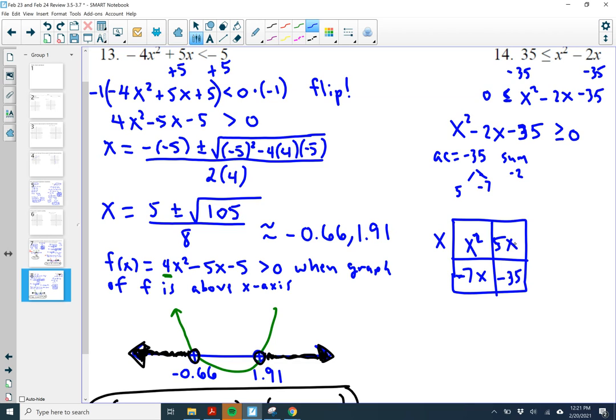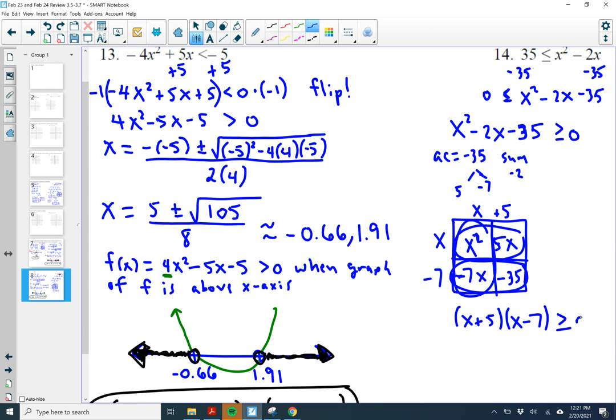Greatest common factor for the top row, for the second row, for the first column, and for the second column. Does that work? Yep, it does. It factors as x plus 5 times x minus 7.